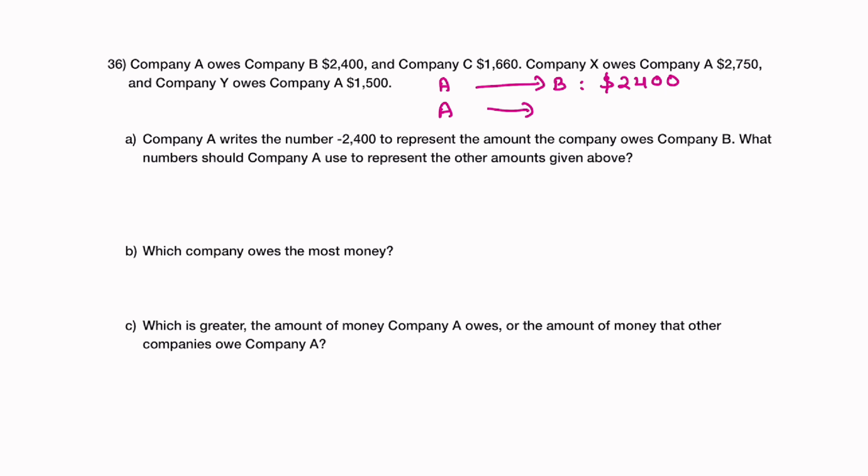A to C is $1,660. Company X owes Company A $2,750 and Company Y owes Company A $1,500. Okay, so Company A has some receivables also. So X to A, how much is it?